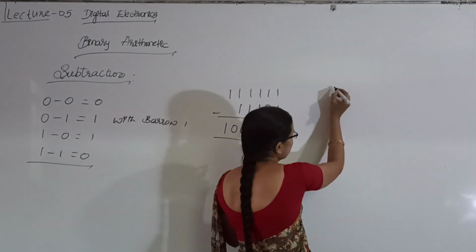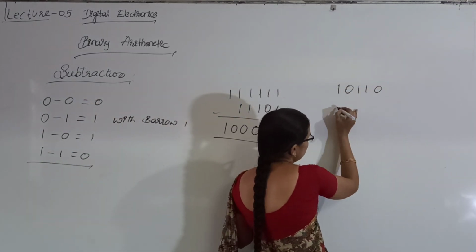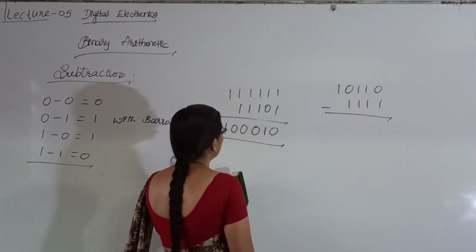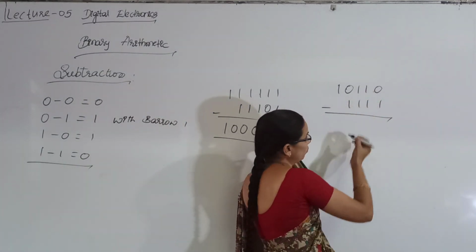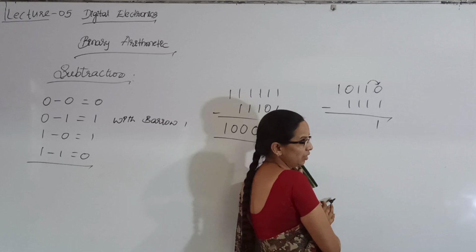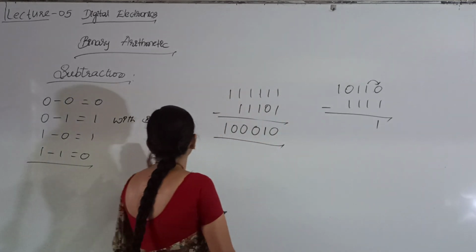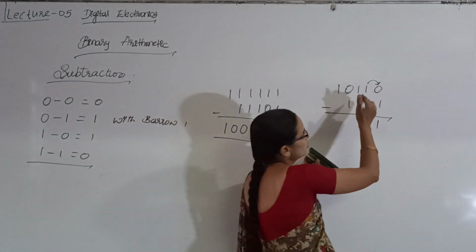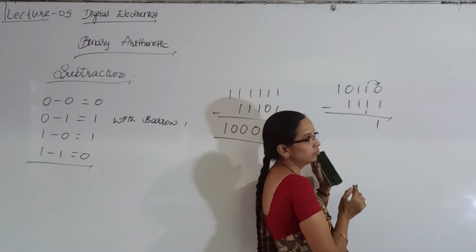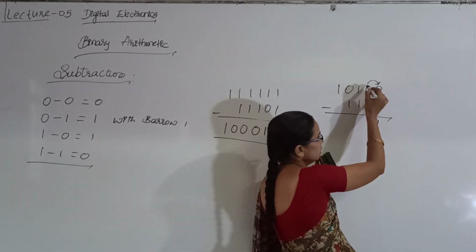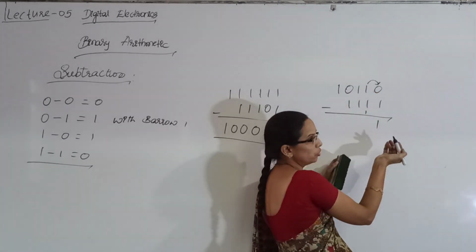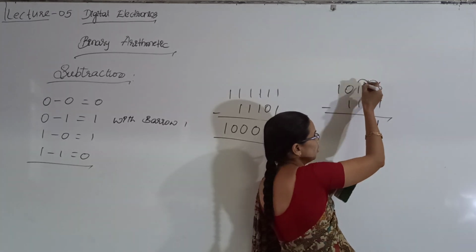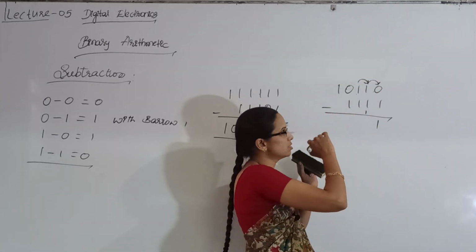The next one I will take 10110 minus 1111. 0 minus 1 we cannot do. I will take borrow, 2 minus 1, that will be 1. Here you can see 0 minus 1 is 1 with borrow 1. So you have already taken borrow. Again you need to take borrow from the next bit.